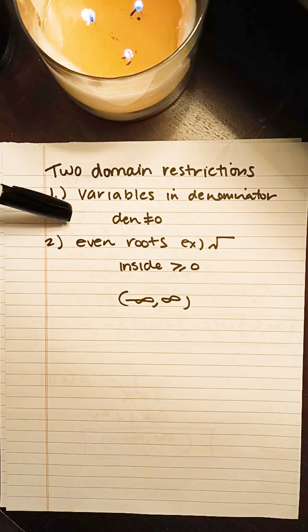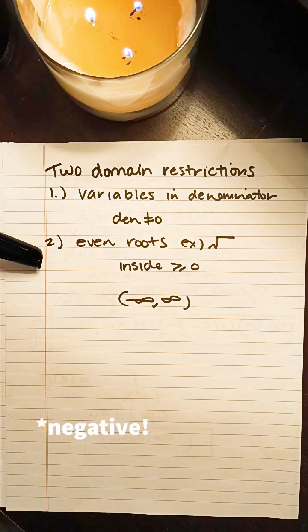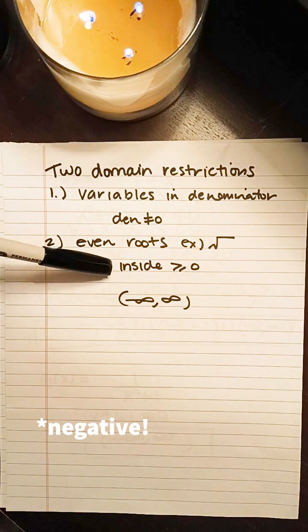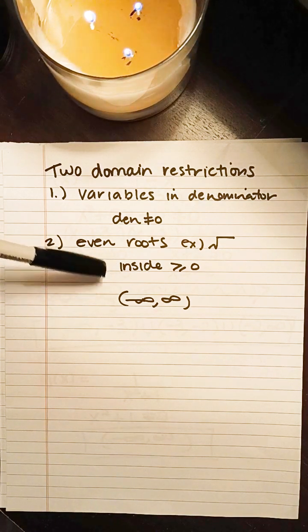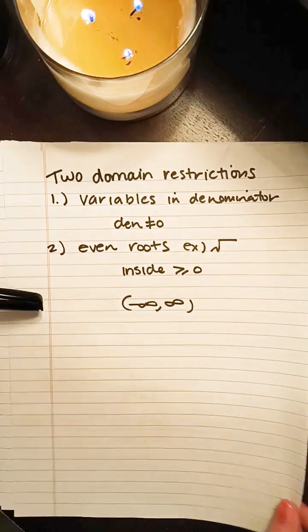And it can't happen if the numbers you input make the expression underneath the root negative. So we have to make sure that the inside, or the radicand, is greater than or equal to 0. If you don't have either of these two cases, it's all real numbers.